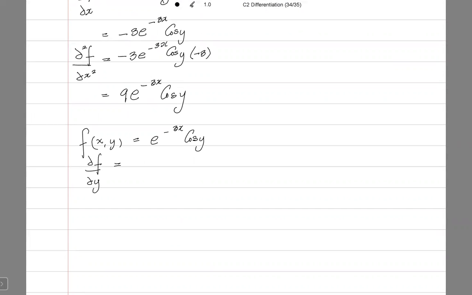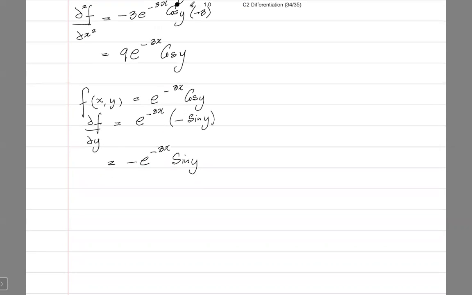You're going to treat x as a constant. So this is e to the minus 3x. That doesn't change. When you differentiate cos, you get minus sine. So this is minus sine y. So this is minus e to the minus 3x sine y.